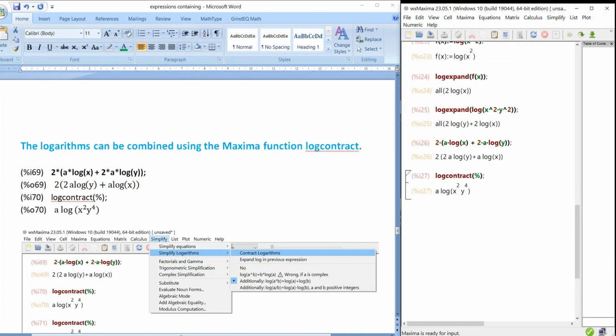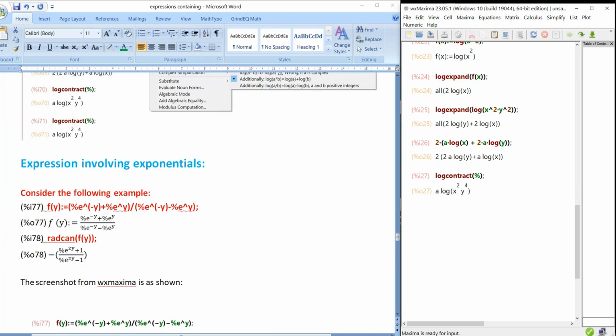Okay, shift enter. This is the output. So in the given function, two logarithms have been merged, two logarithms have been combined to get a single logarithmic value, logarithm of x square y4, right? So this is how we can merge, we can contract the logarithms, right?